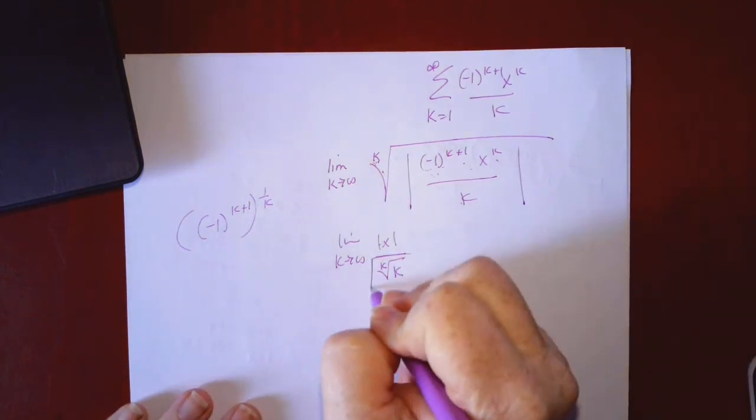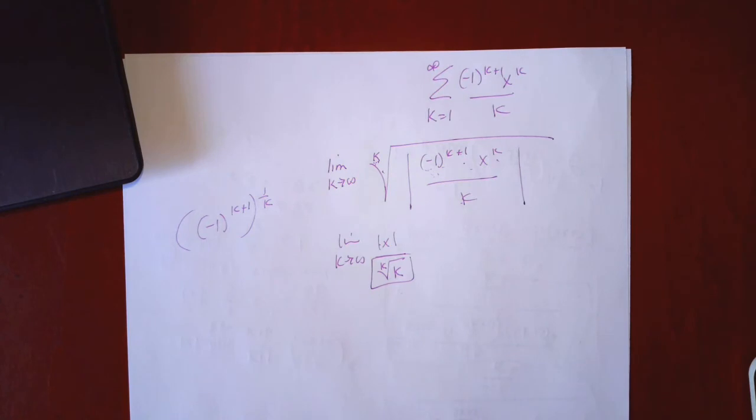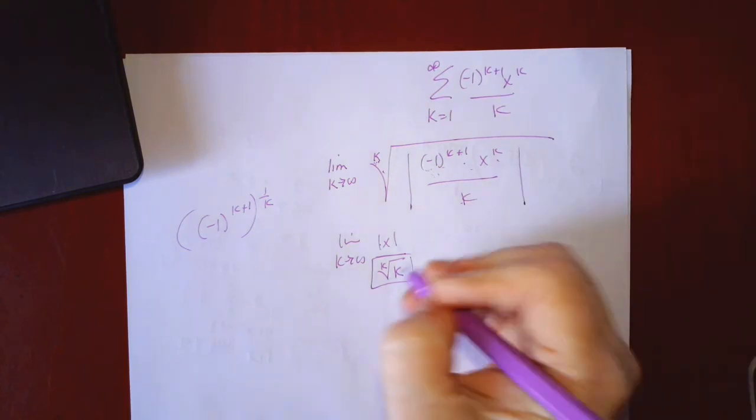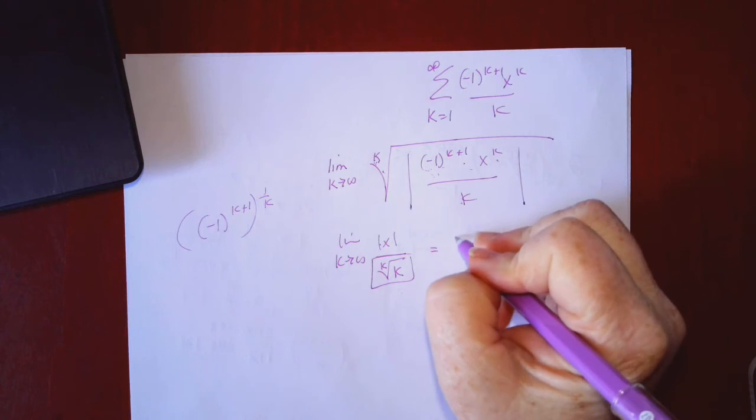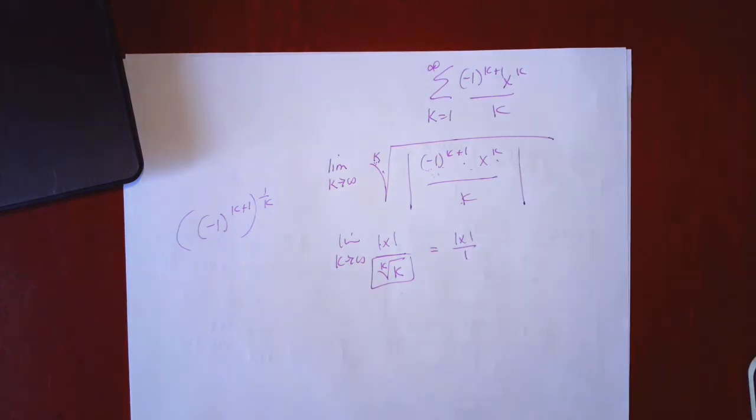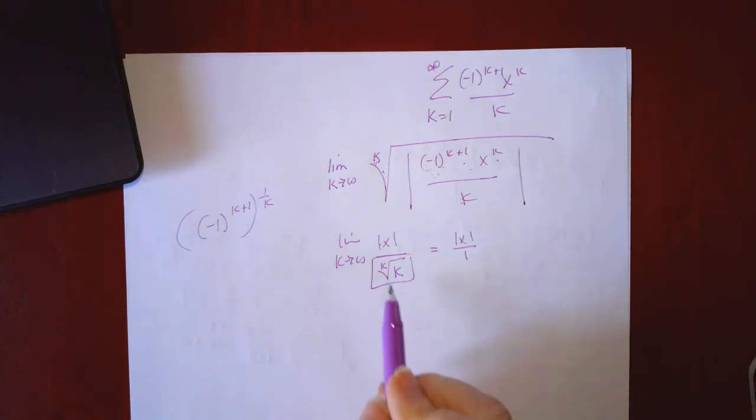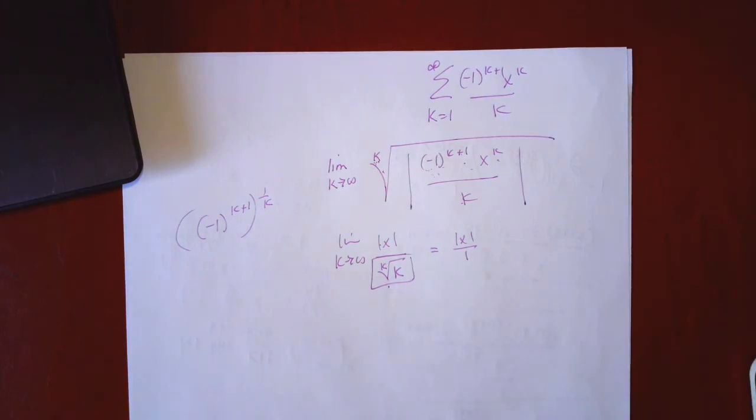Now we talked about this guy a couple times, I think it was last week. That limit is just 1, so we end up with the absolute value of x over 1. If you don't remember that limit is 1, you'd have to go back and use L'Hopital's rule on the corresponding function.